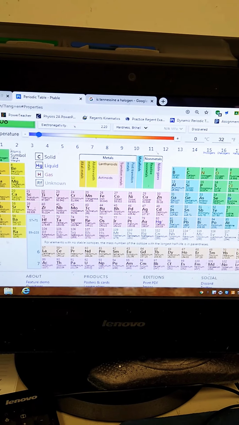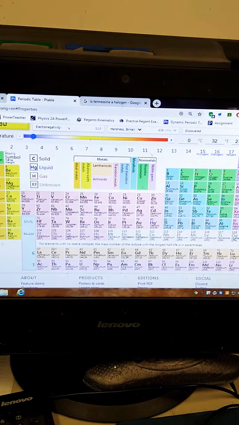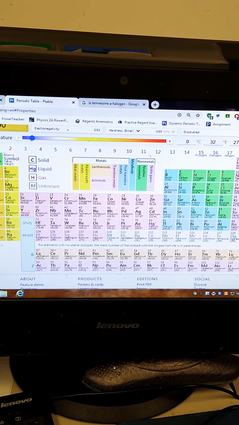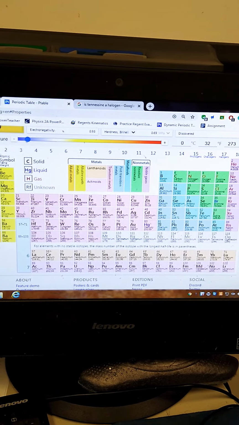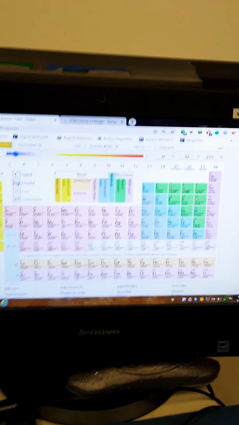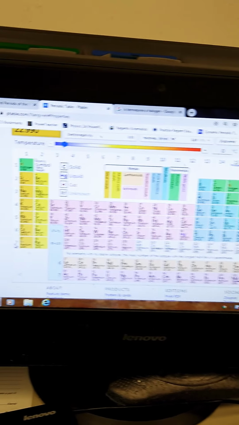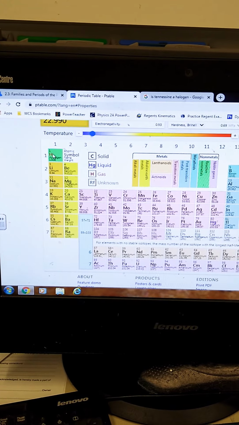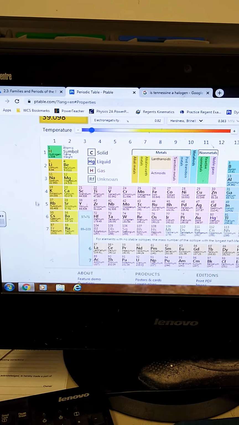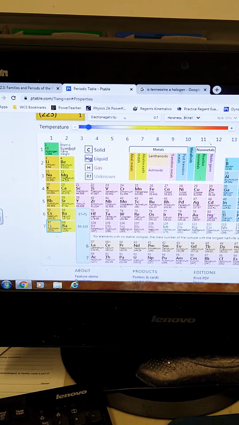So this has 1 electron shell. These ones have 2 electron shells. These ones have 3, 4, 5, 6, and 7, and so on. And we'll get into that later on also. But right now, just understand that they're set up in rows, so that way we have 1, 2, 3, 4, 5, 6, and 7 electron shells.